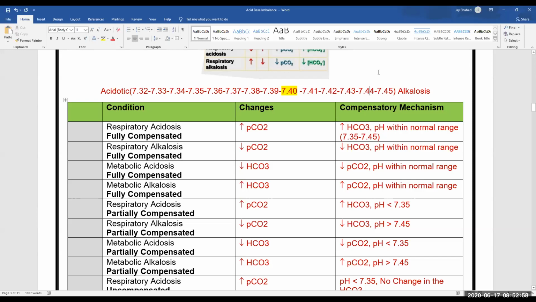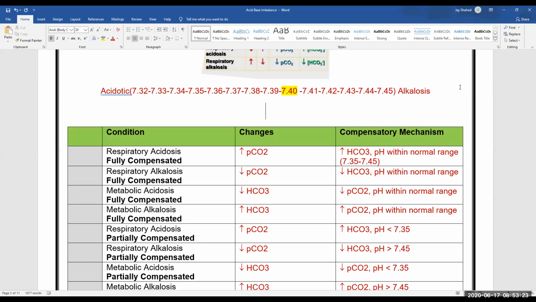So if you get just a pH of 7.44, a PCO2 of, let's say, 22, which is down, right? Then right away, no, let's say normal. So if I give you a pH of 7.4, right?